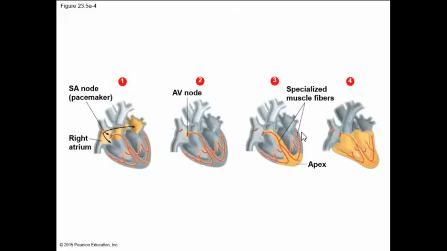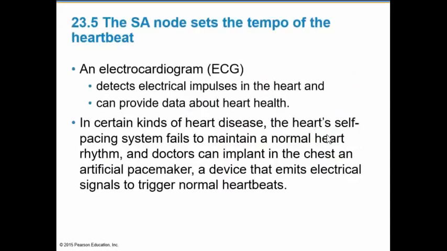Number 4, the ventricles have contracted. Now, an electrocardiogram measures the electrical impulse of the heart, and it tells them something about how the heart is functioning. And there are certain types of heart disease where the pacemaker does not work properly. What doctors can do is implant an artificial pacemaker, which will emit the electrical signals that keep the heart rate normal.